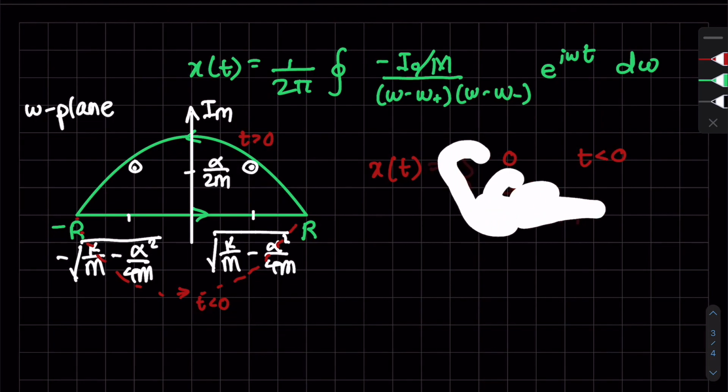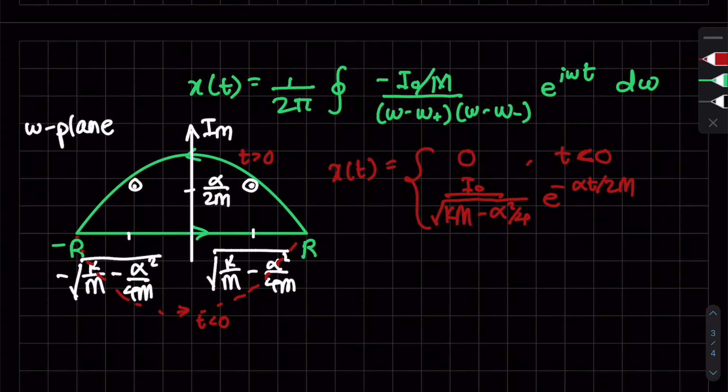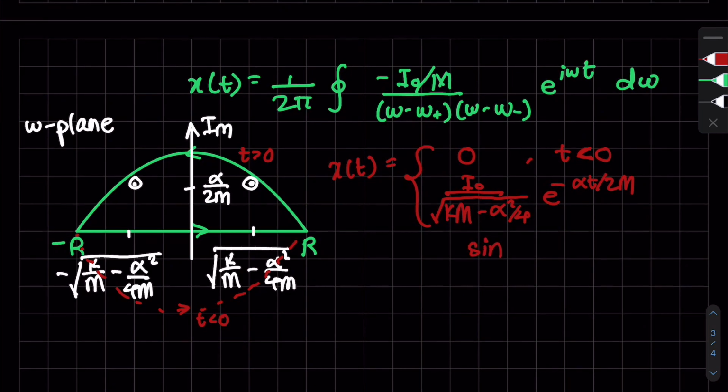k m minus alpha squared over 4. Maybe I can do a better job of writing this down. e to the minus alpha t over 2m, and there's also a sine part, a sine of the square root of k over m minus alpha squared over 4m squared, times t.